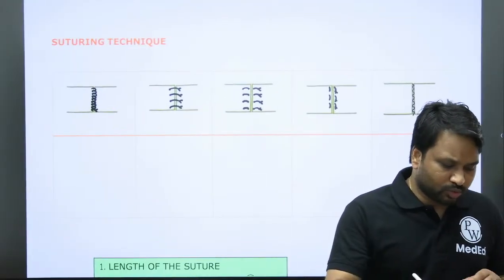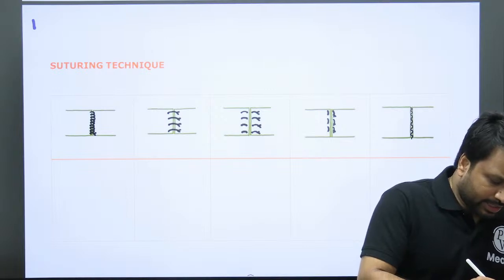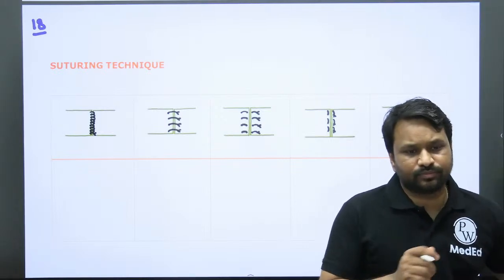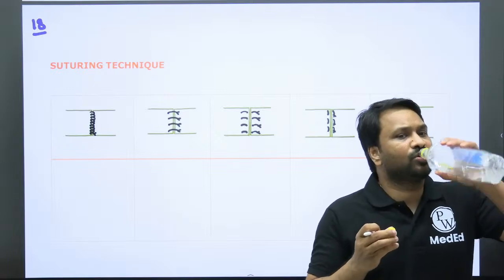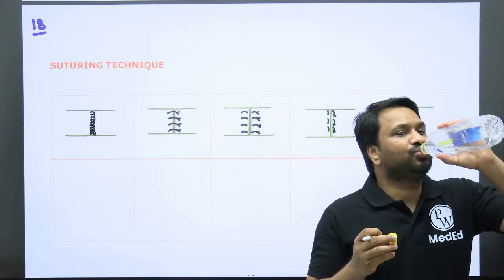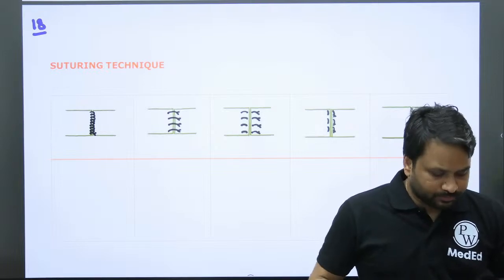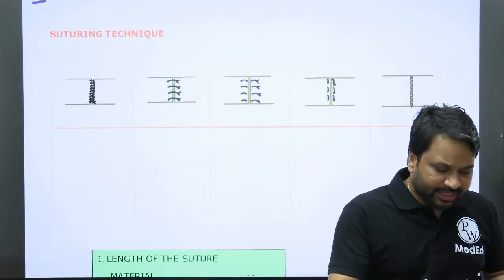Now going into the image series 18. So far so good, guys. Now, the various suturing techniques that we have.